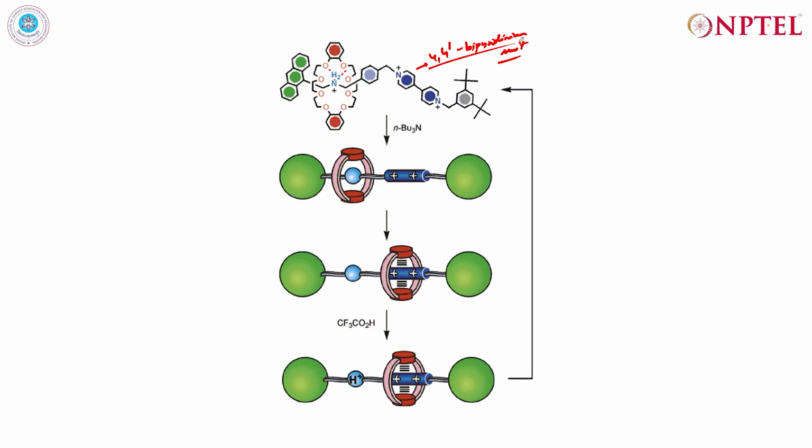Okay, and we have put these bulky stoppers here, and these bulky stoppers prevent the movement of this dibenzo 18 crown 6 out of this particular region. So this is like a stopper which we put here.